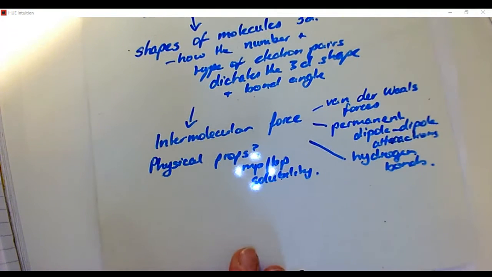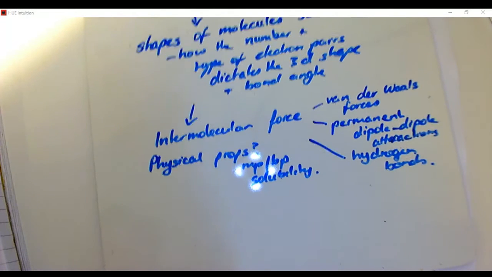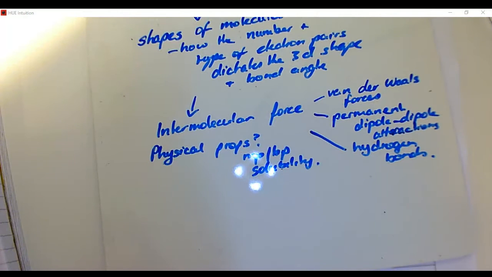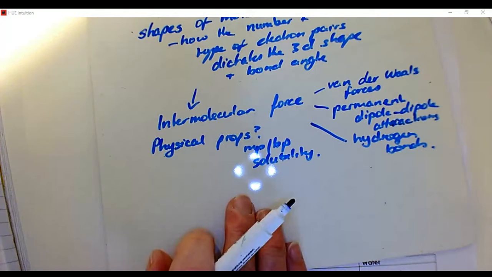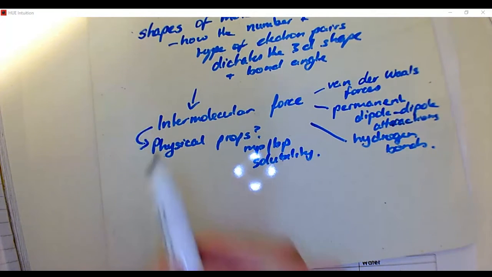That is going to be a new thing at A level, which we already mentioned in passing with the ions. You should have seen that in your ionic bonding notes, the ion dipole interactions between ions and water. Anyway, intermolecular forces determine the physical properties.